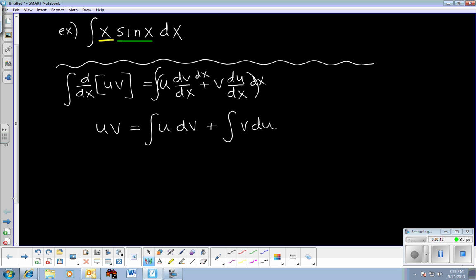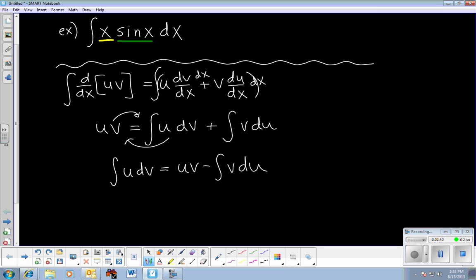Now, if I just manipulate this formula a little bit, I'm going to get the integration by parts formula. This is something that you need to memorize by heart starting today. The integral of u dv equals uv minus the integral of v du. All I did was move this to the right and move this to the left.